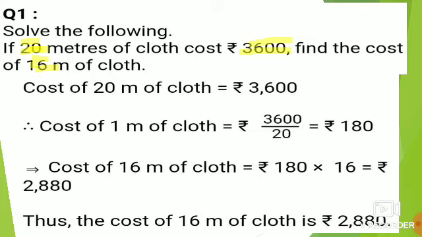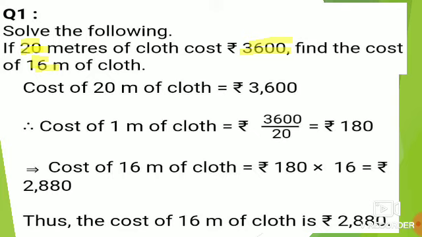Now from this cost, we can find out the cost of 16 meters of cloth. 1 meter to 16 meters means 1 to many. So whenever we find out the cost or value from 1 to many, there you have to do the multiplication.